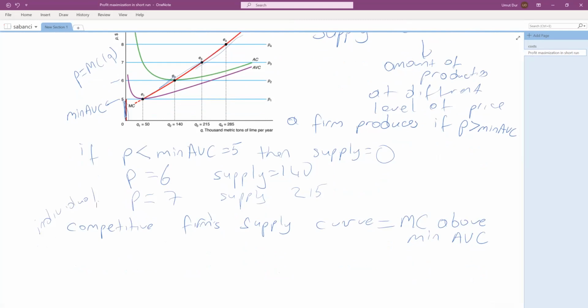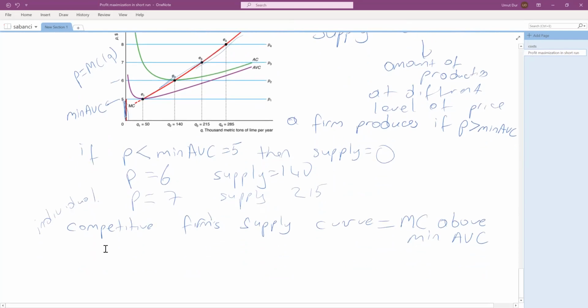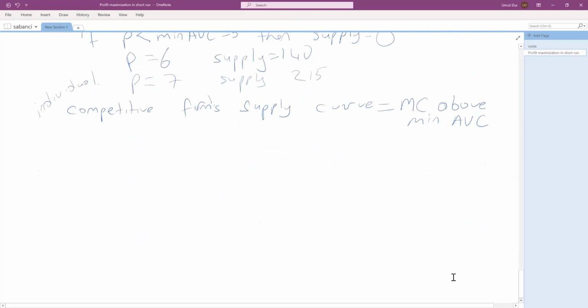So let's turn back to our question. Okay, so that will be the last thing that I will do. I will continue just a little bit on Wednesday, before I solve some questions. So let's think about that. Our cost function is as follows.